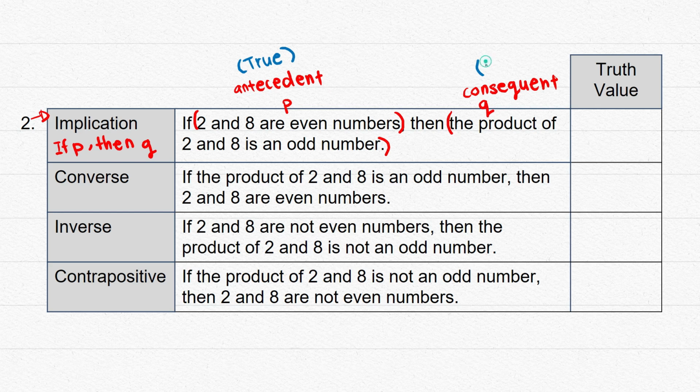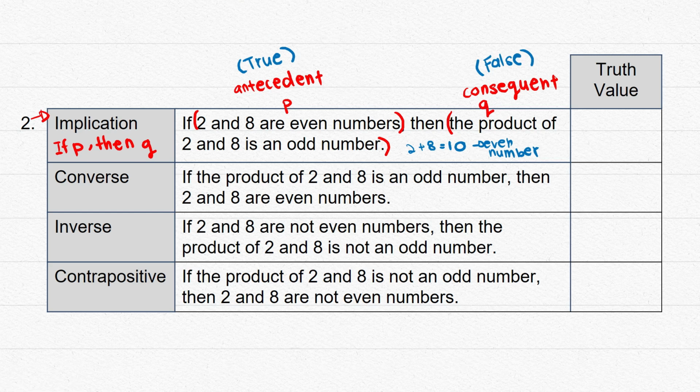Great. This is false, because 2 plus 2 will become 10. 10 is an even number, not an odd number. That's why the consequent is false. We already determined the antecedent is true and the consequent is false.